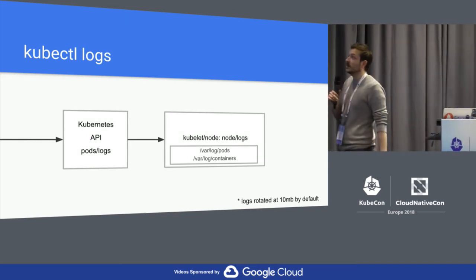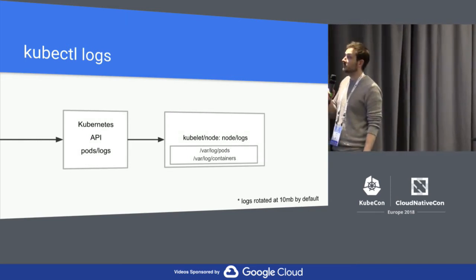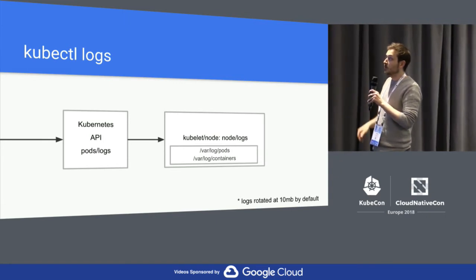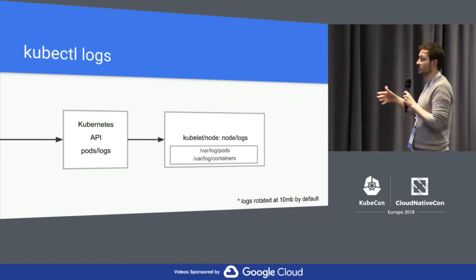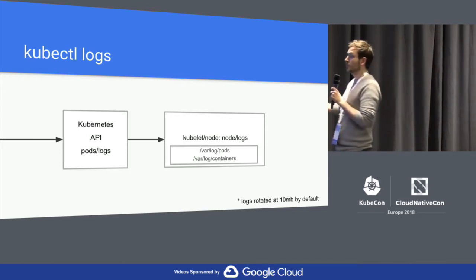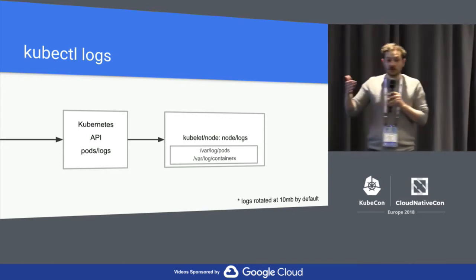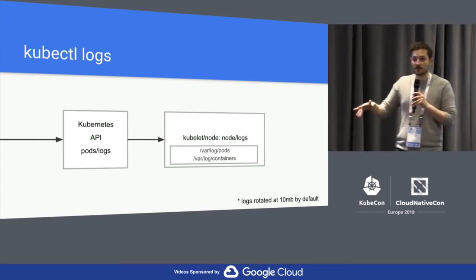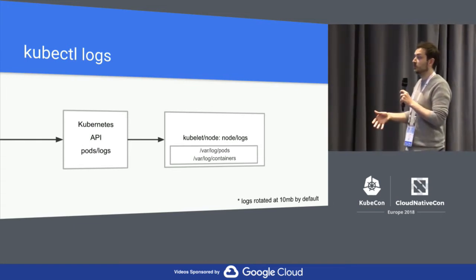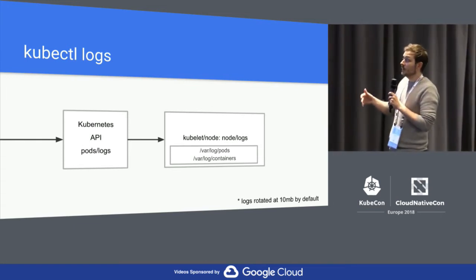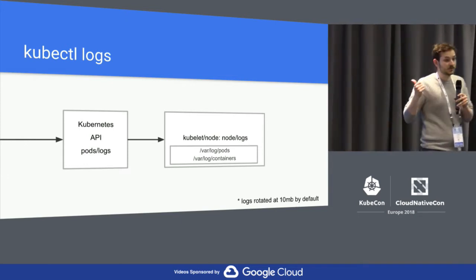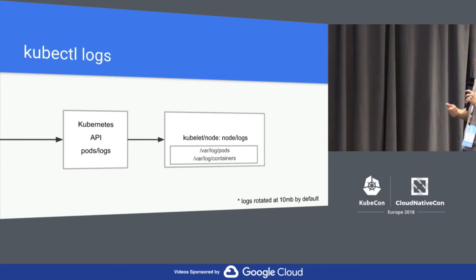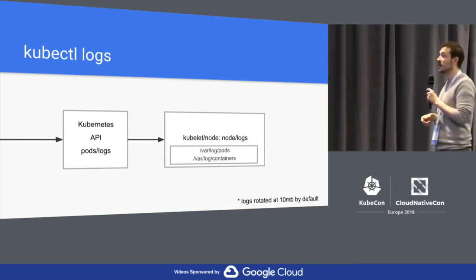And very similar, this kind of thing works with logs, except that that's not an aggregated API, because the logs are local to the nodes, to the kubelet. So whenever you do a kubectl logs my pod, and you want to view that particular log, then you do a request to the Kubernetes API, and that's the sub-resource logs or log of pods, of the pod resource.